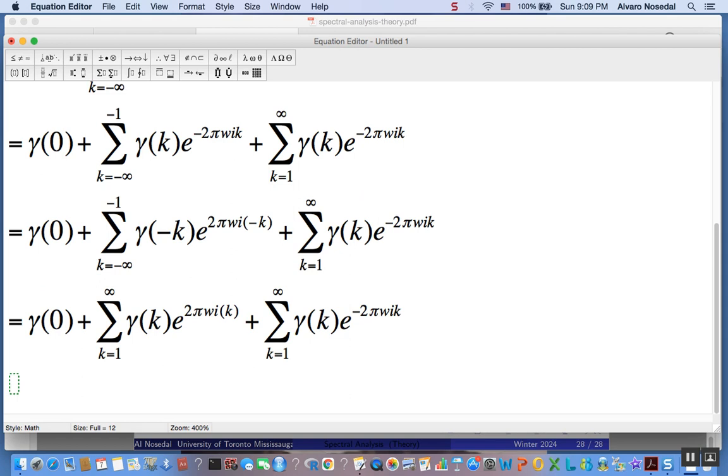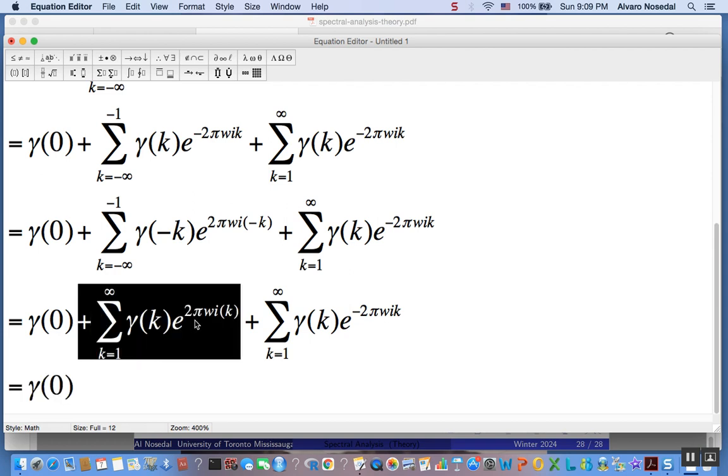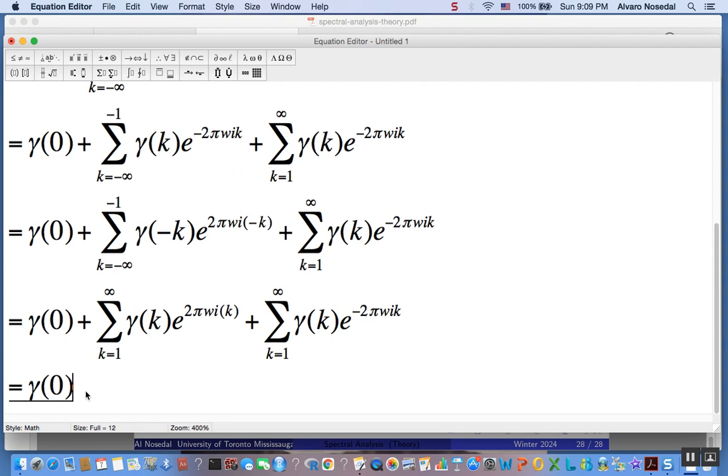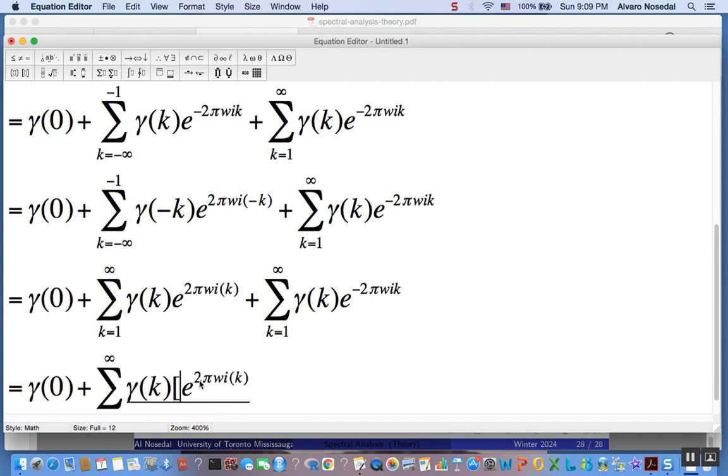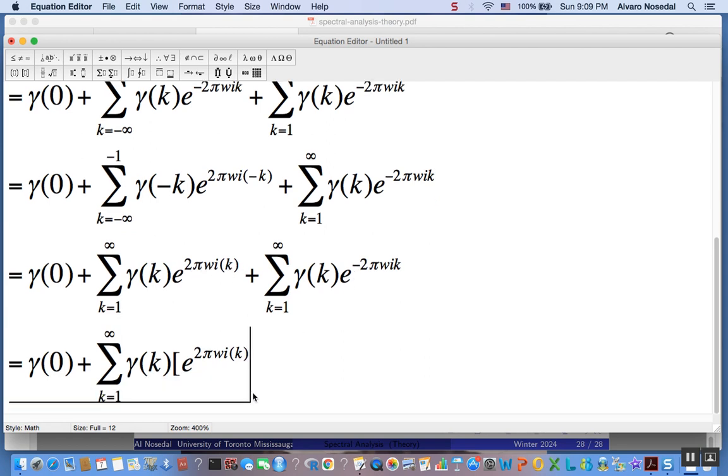Okay. So then what we could do is just factor out the autocovariance function, and it would be the autocovariance function times e to the power 2 pi w i k plus another exponential, but with a negative in front.